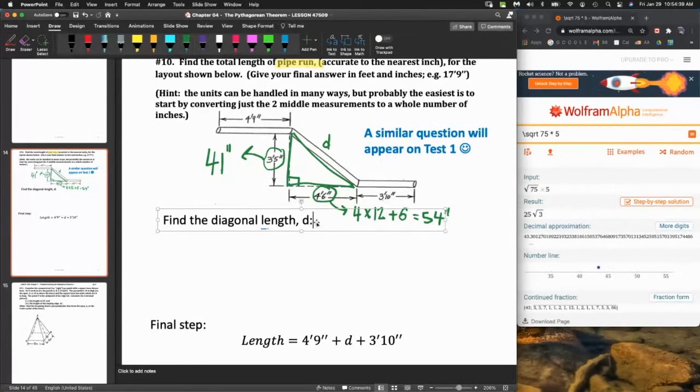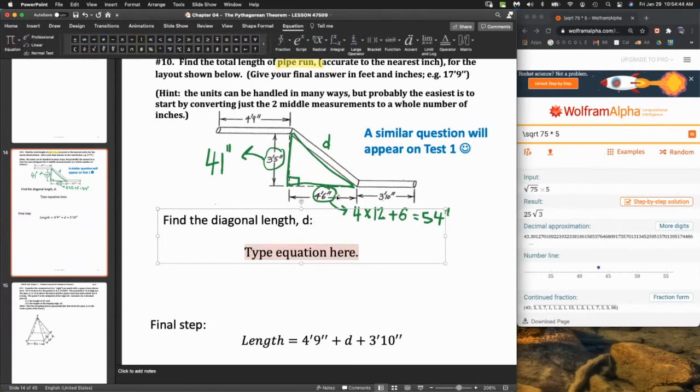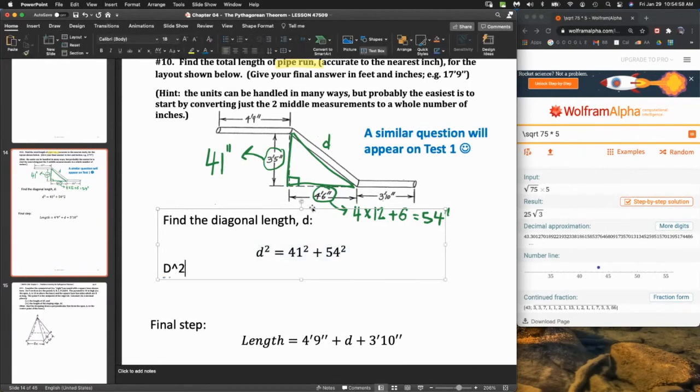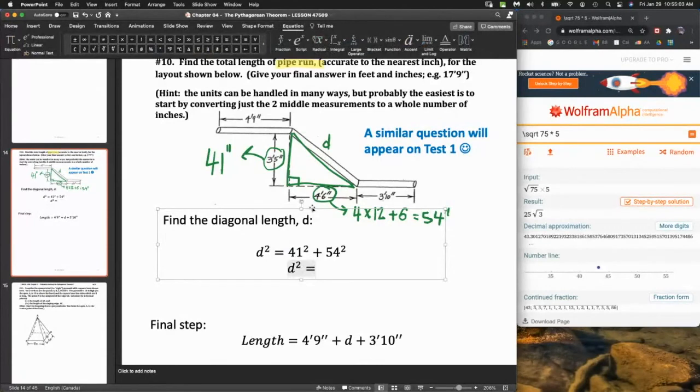Oh, I'm going to catch up to you, Shalon. You're just steaming by here. Okay, what's the longest side on this green triangle? Let me know what the longest side is on the green triangle. D, thank you. So D squared equals 41 squared plus 54 squared. Someone's already typed it there.